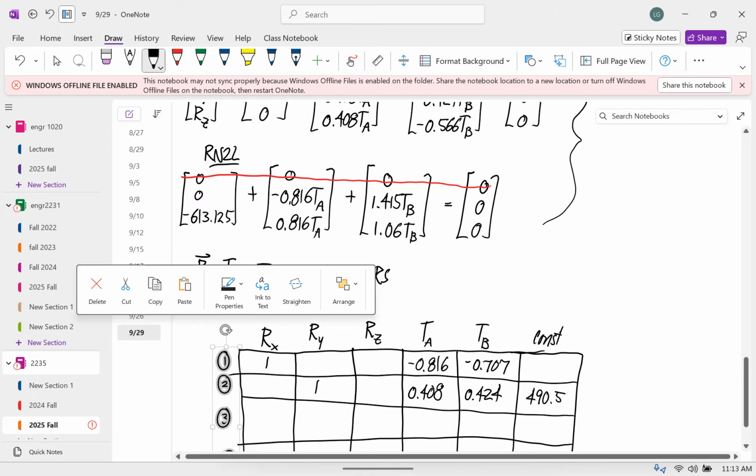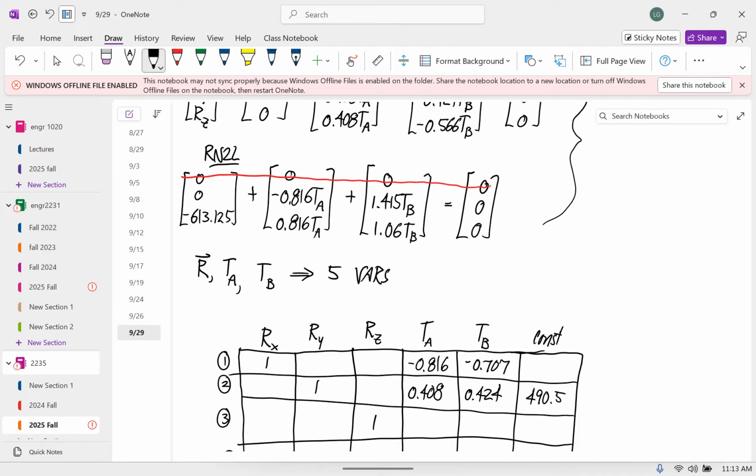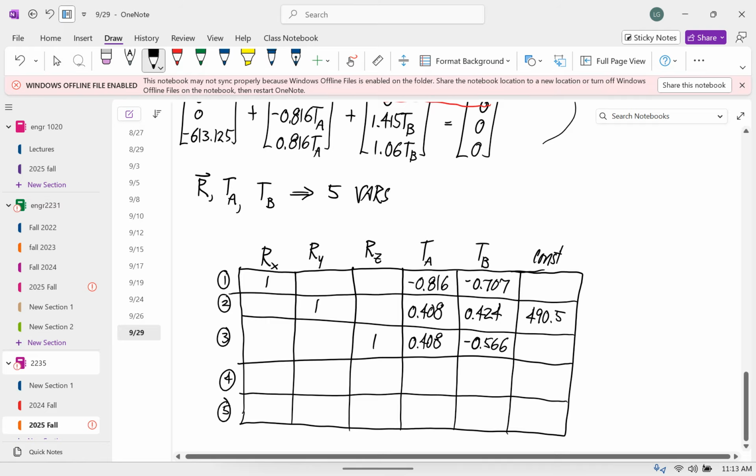Then the Z equation, Rz's we have 1. TAs we have positive 0.408. TBs we have negative 0.566. And no constants. Then equation 4 is the y equation from the moments.